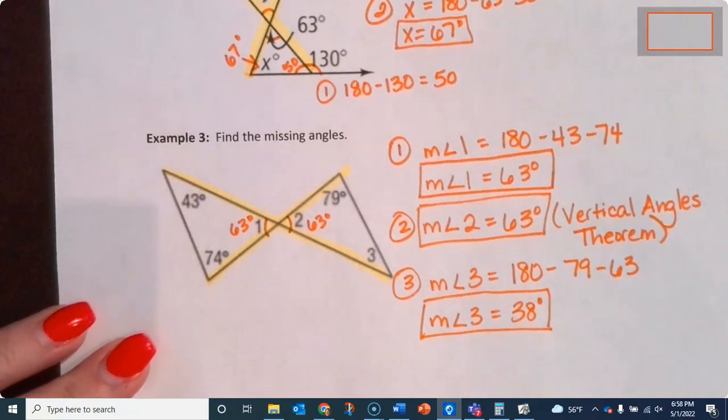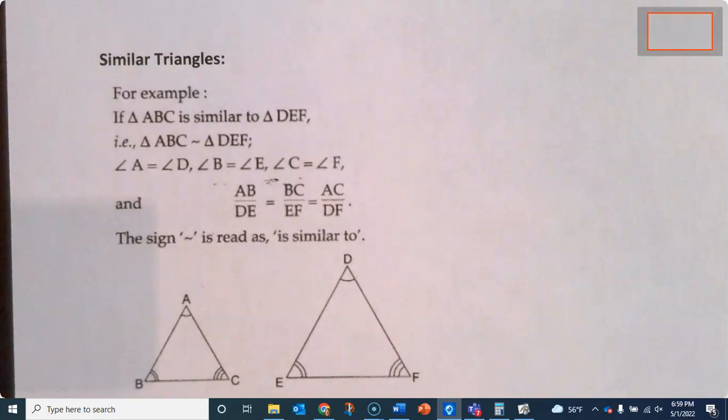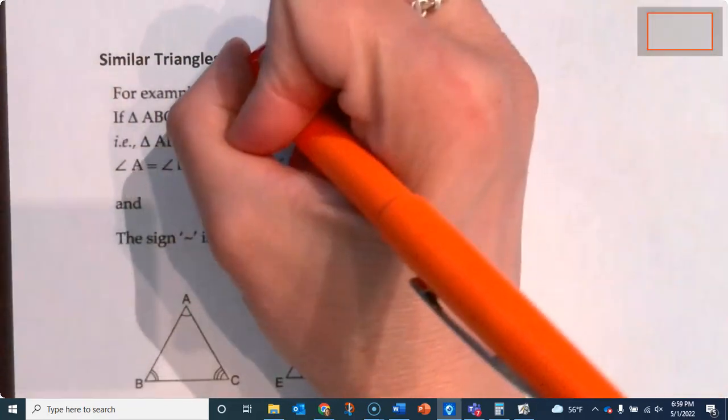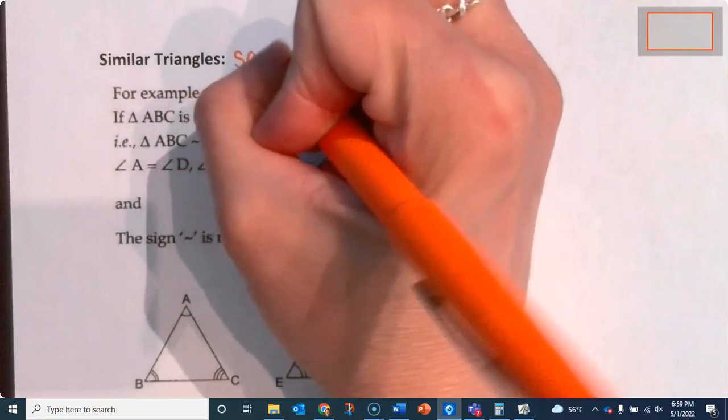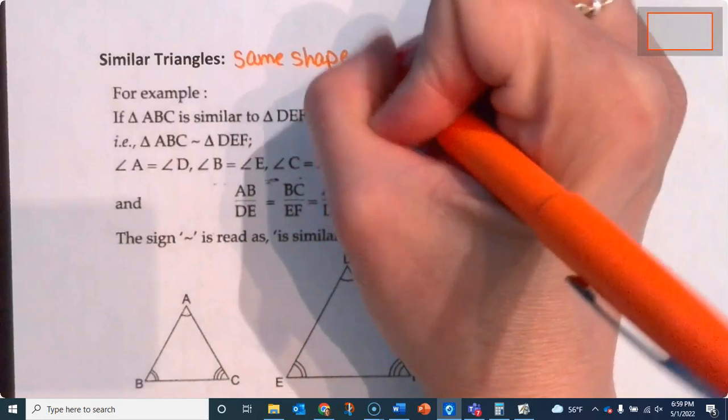All right, so from there, something else we need to learn about triangles is we're going to talk about similar triangles. So similar triangles have the same shape, but they're different sizes.